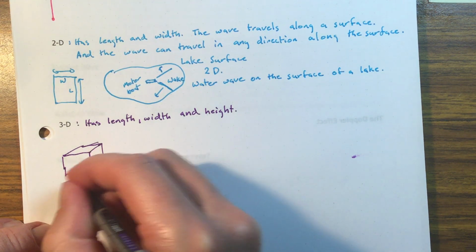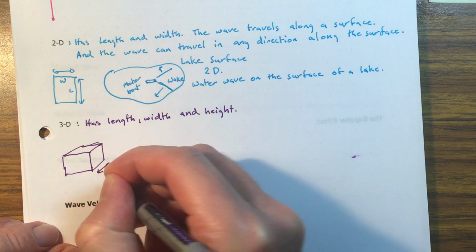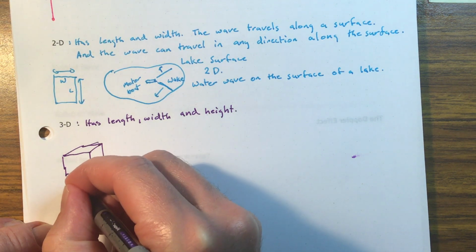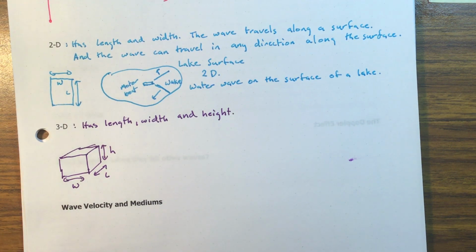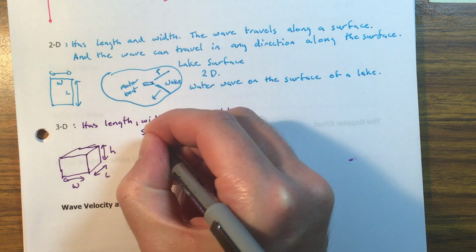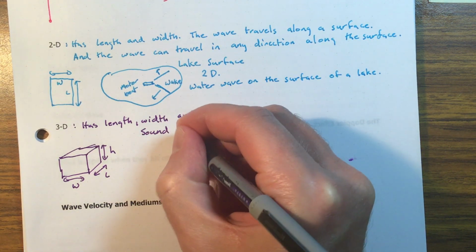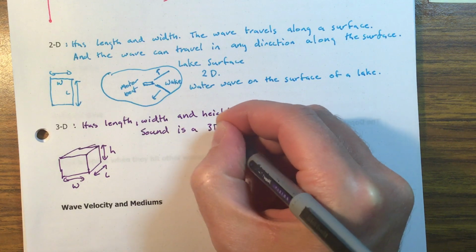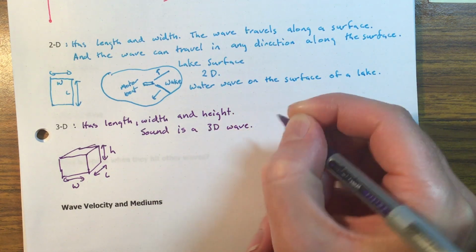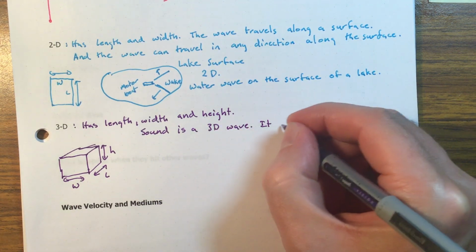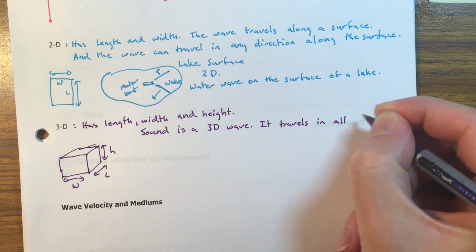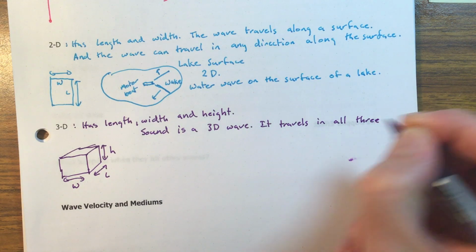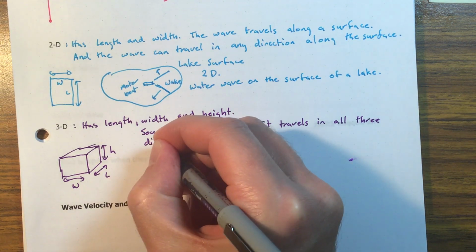It's got a length, a width, and a height. So the wave can travel anywhere around there. Sound is a three-dimensional wave. It travels in all directions. All three directions.